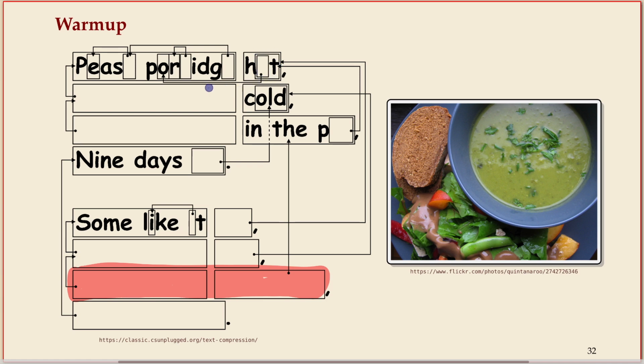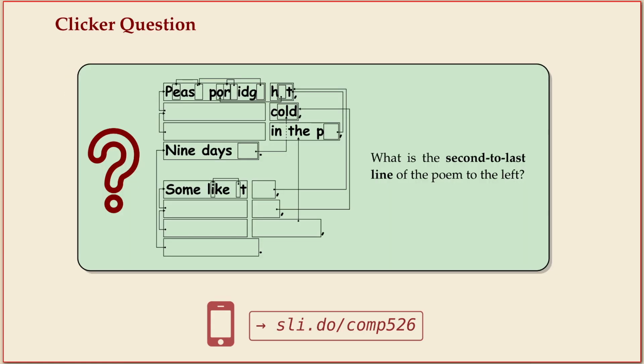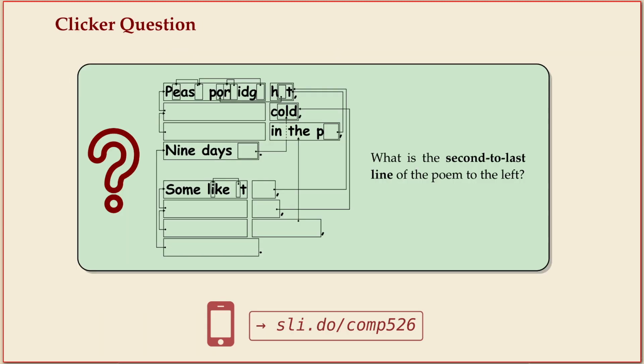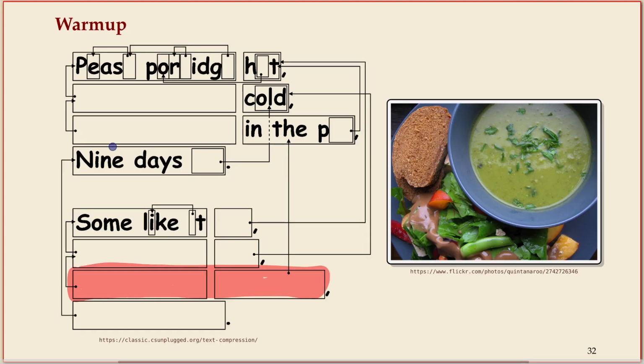And this part is an O, so it's OT that's missing here, some like it in the pot. That's how it goes, right? What I like about this is also just visually for this poem, how few characters you need in total to specify it.